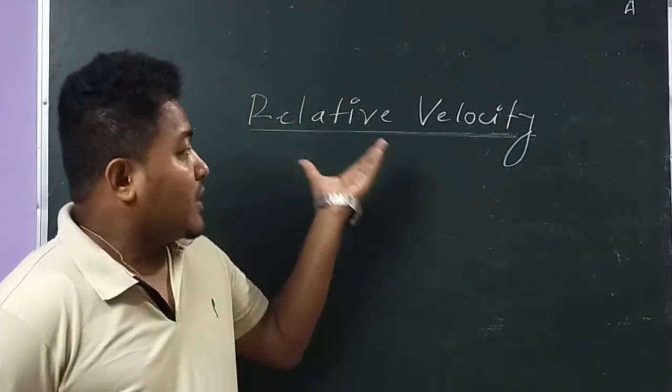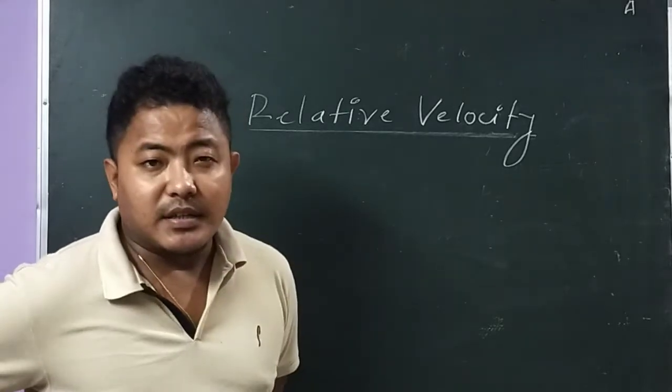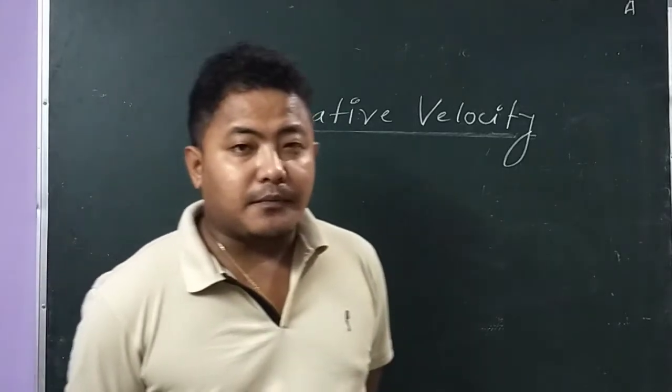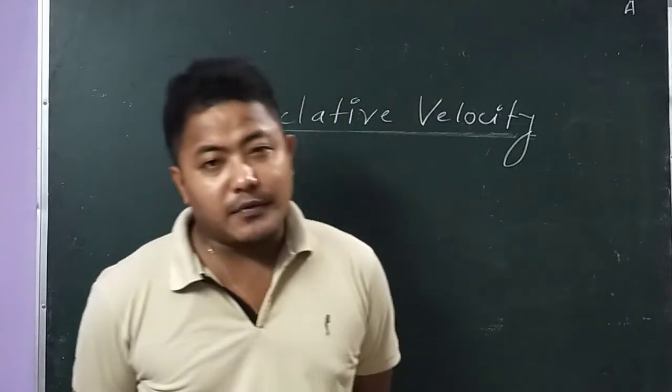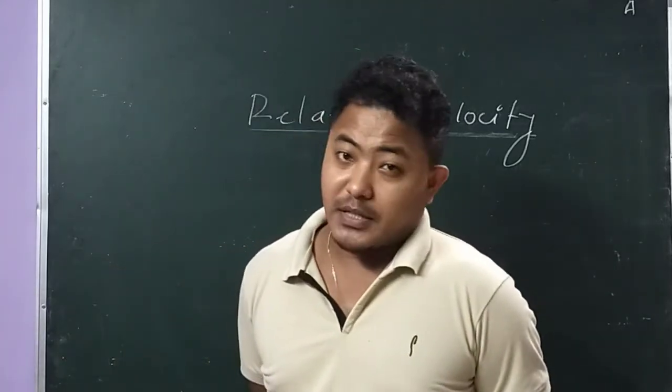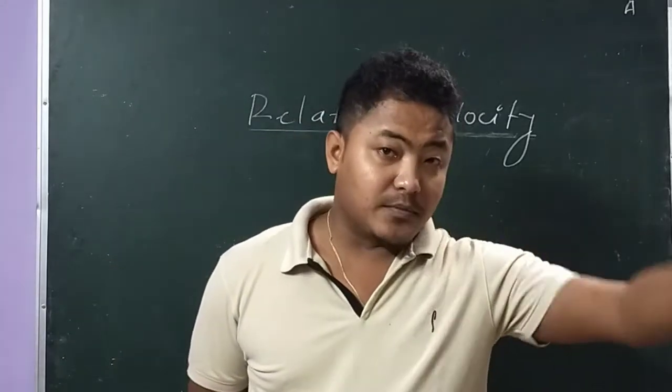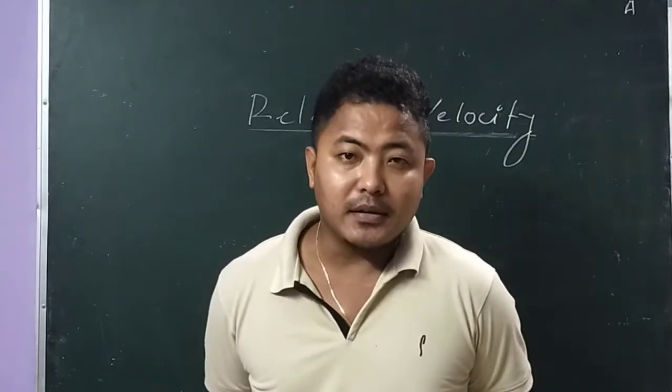So the term relative velocity is used when we are finding the velocity of an object with respect to another object. Am I clear?